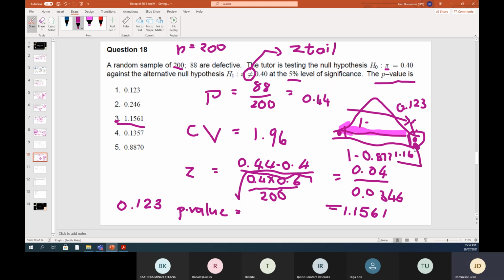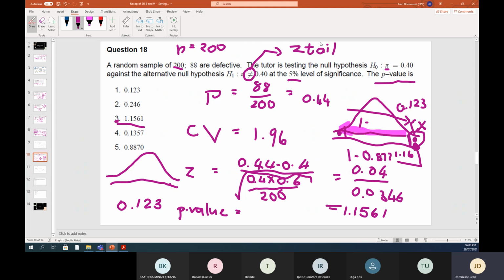So I just take a shortcut and automatically go to the negative table to get me that. But you could have gone to look at the positive, but remember you're looking for that small area. So then you just needed to say with a positive table 1 minus that to give you that smaller area. Happy with that, Ronald? Yes, thanks. Okay.